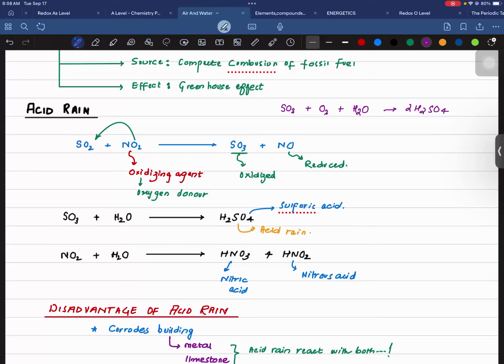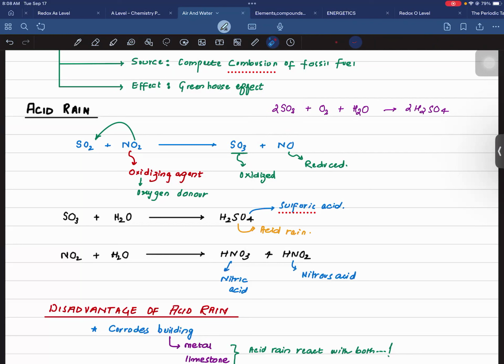This is your balanced chemical equation, right? This equation says that when sulfur dioxide is released from the combustion of fossil fuel, it is a gas, so it goes into the atmosphere.